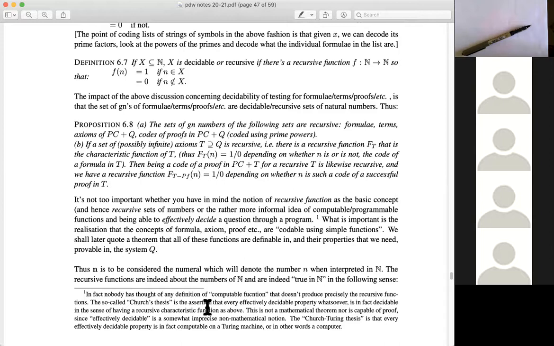Stated in slightly different words, the Church-Turing thesis is that every effectively decidable or algorithmic property is in fact computable on a Turing machine. Or in other words, a computer. But everything that's computable on a Turing machine is actually given by a recursive function.